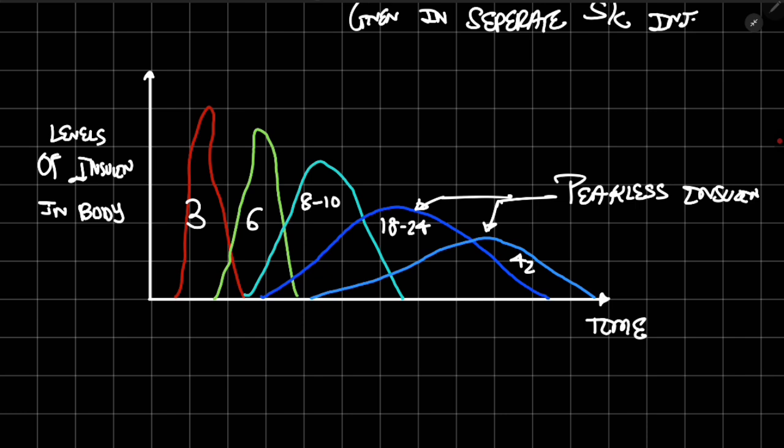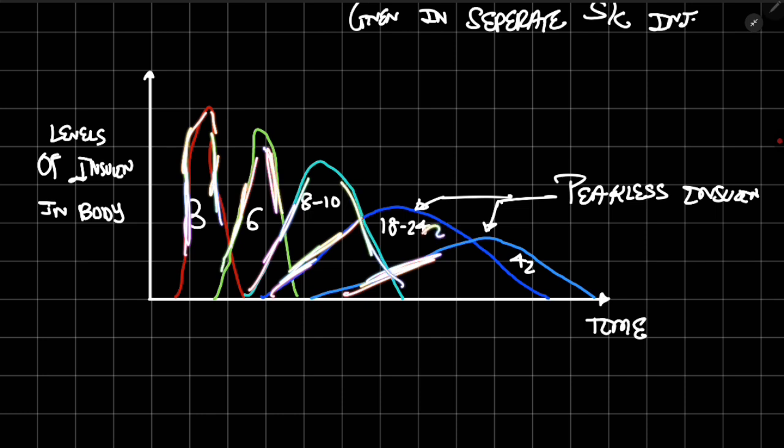This is a bolus insulin, this is also one of the bolus insulins, and the peak goes on decreasing. Why? Because the onset of action keeps on increasing and the duration of action keeps on increasing.